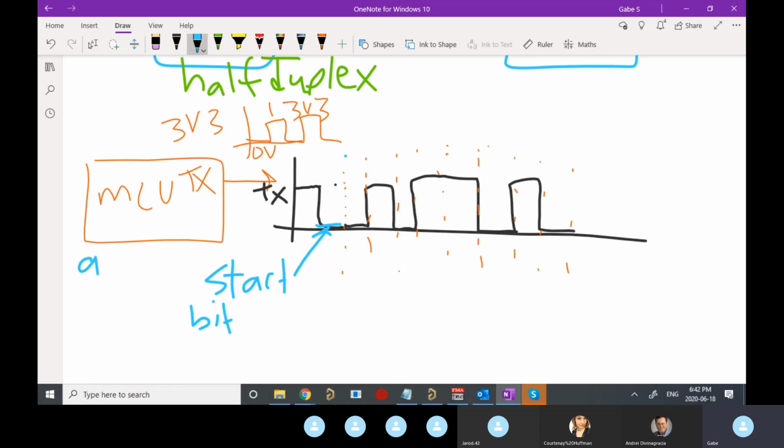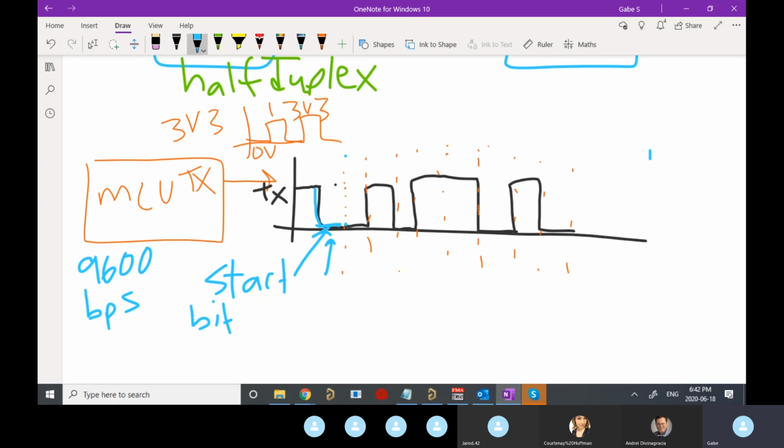So if we are at 9,600 bits per second, that means each bit needs to take 1/9600th of a second, right? I wish I knew how to do that math, but 1 over 9,600 is a little frightening. But that would be however long this would stay low for. So it'd stay low for 1/9600th of a second, then the next bit would start.